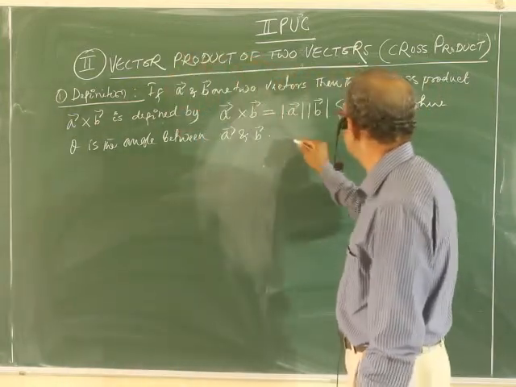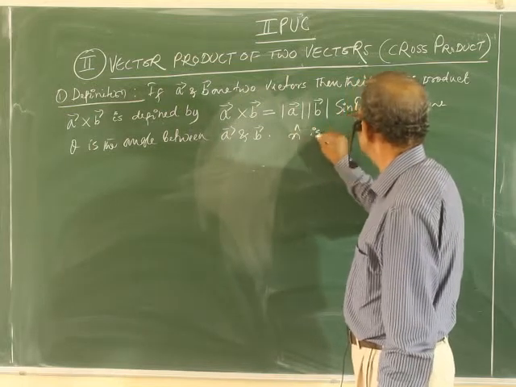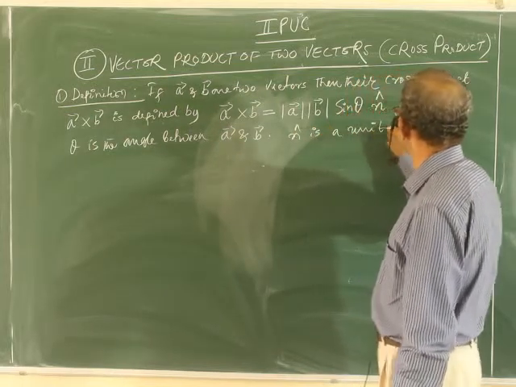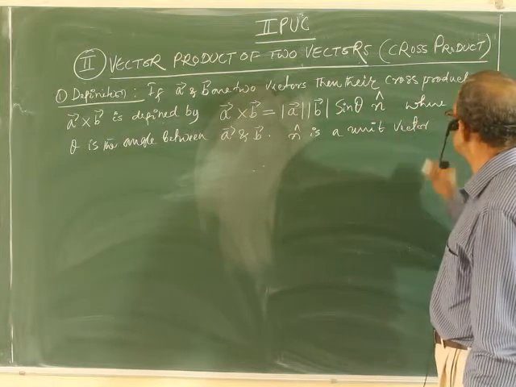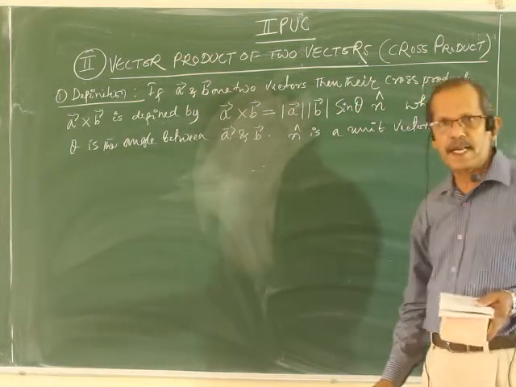What about n cap? N cap is a unit vector, no doubt. Cap notation always indicates the unit vector, length 1.